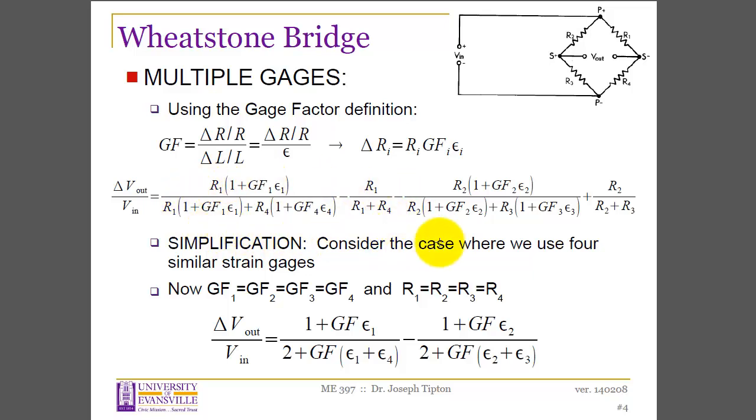So we can go through and algebraically simplify this now, and we end up with the change in output voltage divided by the constant input or excitation voltage is equal to, and we have a much similar expression that involves now the gauge factor of our strain gauge and the 4 possible strains that the 4 gauges could see.